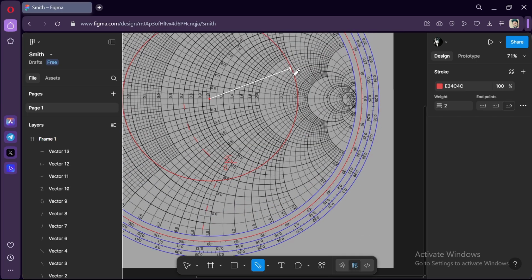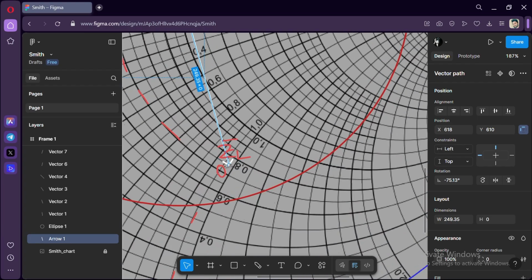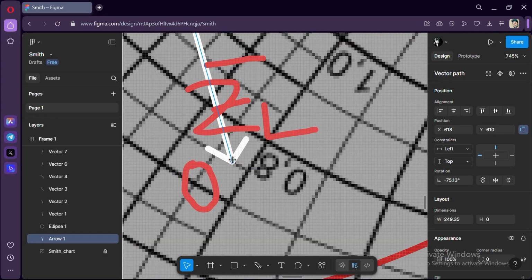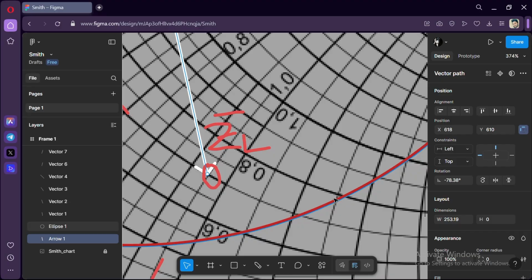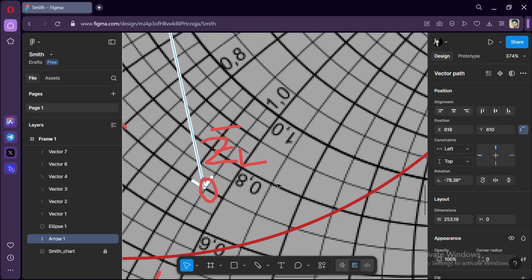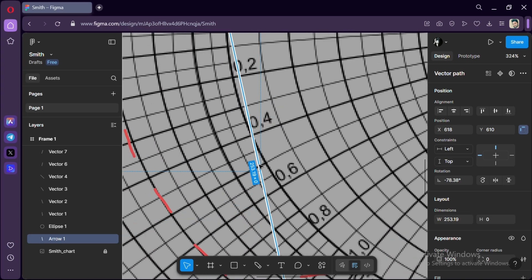Let's take the arrow here. Yeah, it's fine. Also, let's find the SWR, standing wave ratio. The radius of the circle is 253.